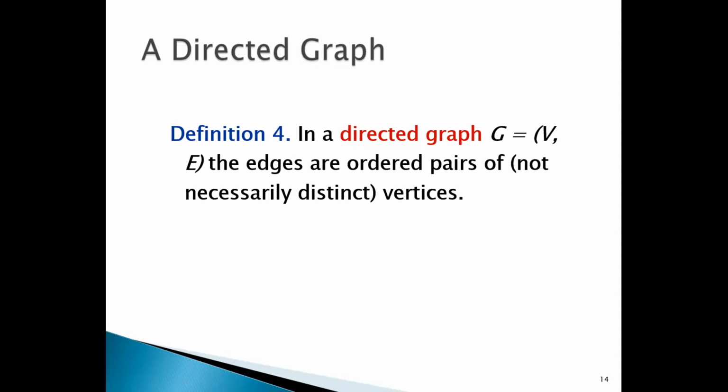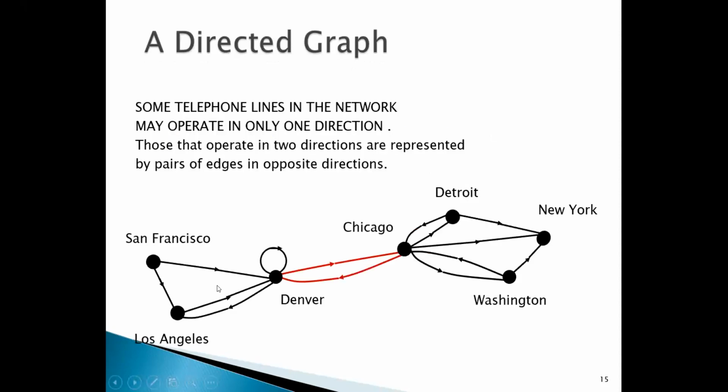You need to mention the edges according to the ordered pair. That is called the directed graph. So the directed graph is also a function G of vertices and edges, where edges are written as ordered pairs. Okay, let us see.